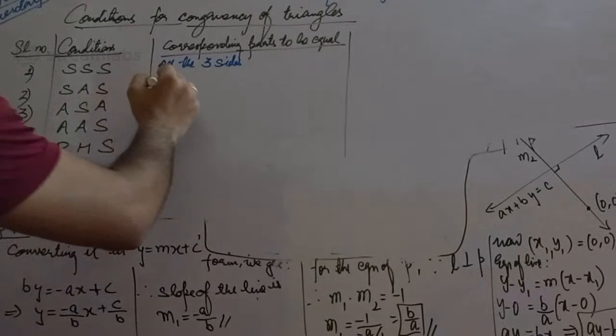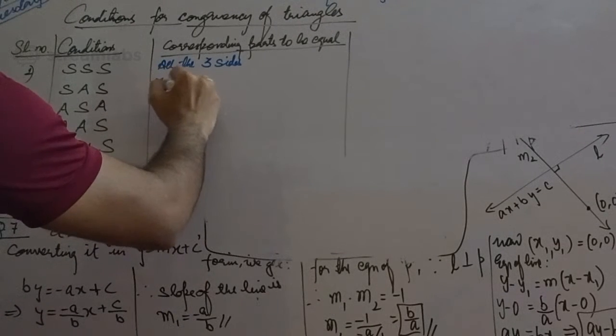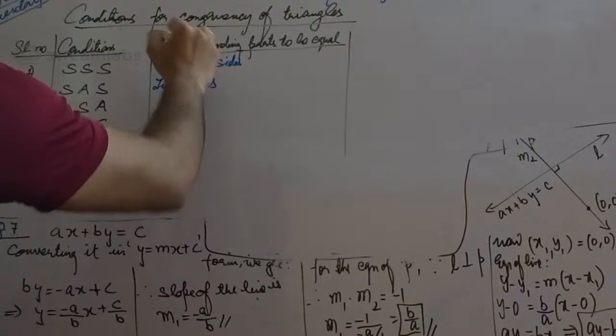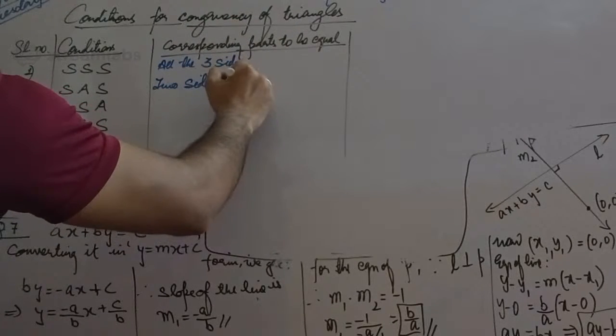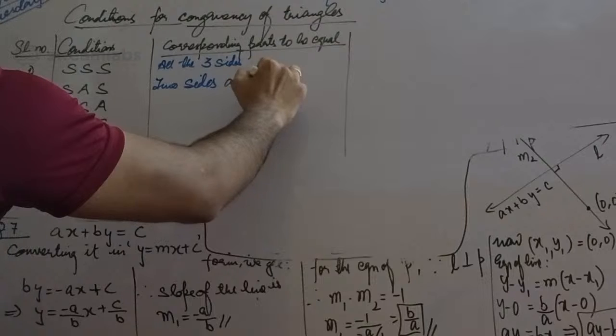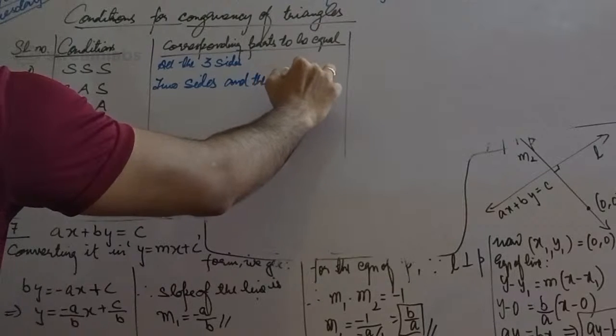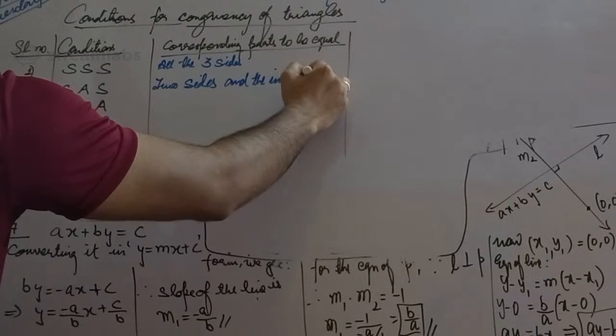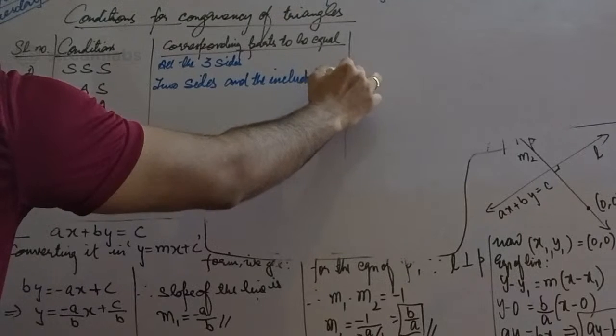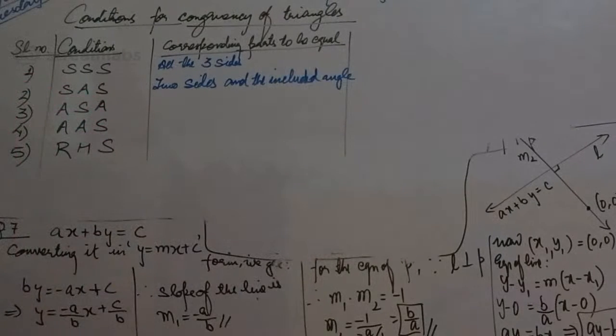Coming to the second one, two corresponding sides, because the word corresponding is already written, and the included angle. So when it's SAS, any two sides correspondingly should be equal, and their included angle.